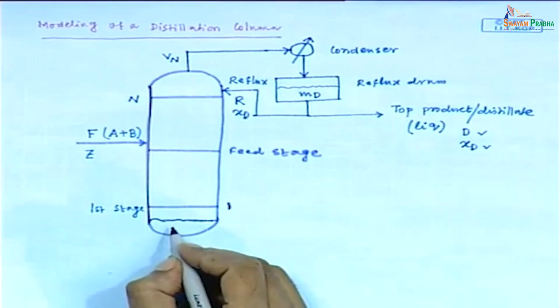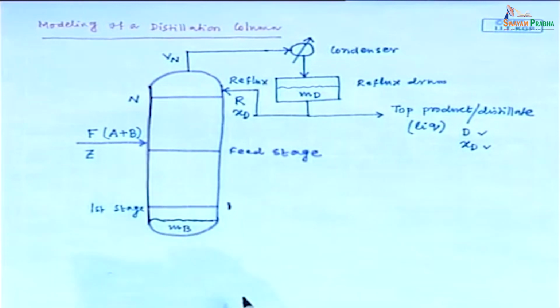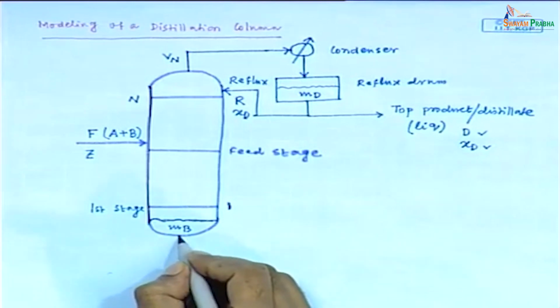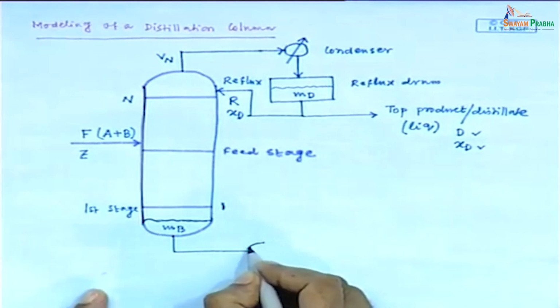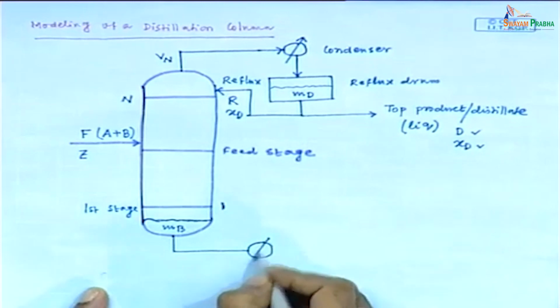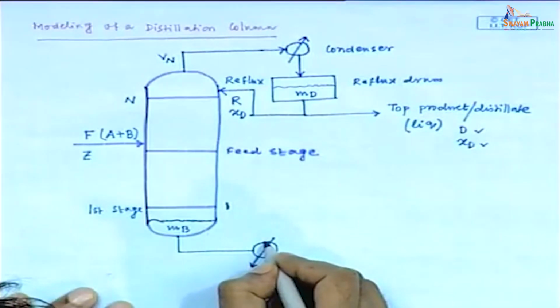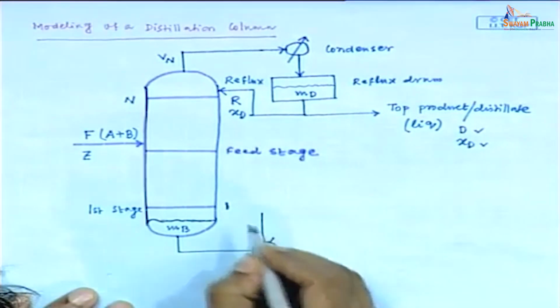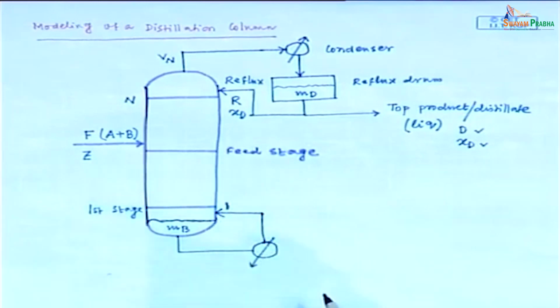Suppose the holdup in the column base is M suffix B. Now, this liquid then goes to a bottom reboiler and vaporization of liquid occurs in this reboiler. Then the vaporized stream is recycled back to the bottom stage.